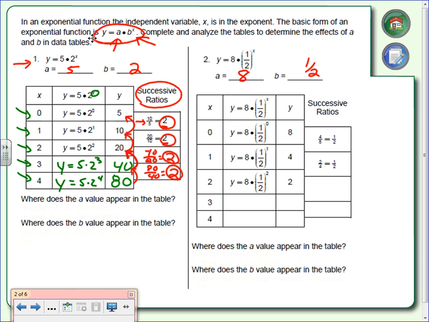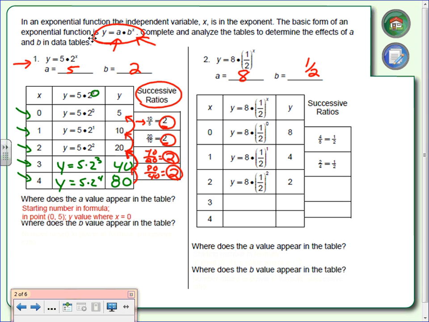So right here, we're going to put down that it's our starting number, or the Y value where the X equals 0. In other words, you're going to find the A right next to 0.